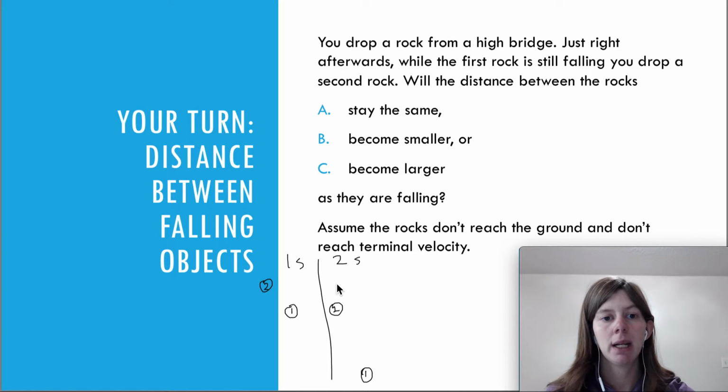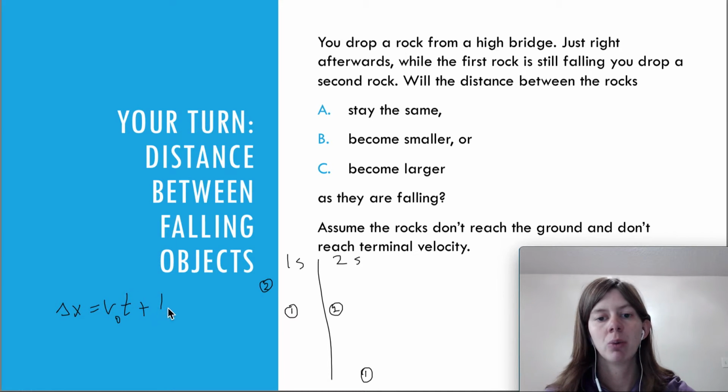And I actually calculated some numbers just in case you're curious, and I obtained these numbers by using the equation delta y equals v initial t plus 1/2 a t squared. Plug in 1 second into this equation to figure out how far the rocks have fallen.